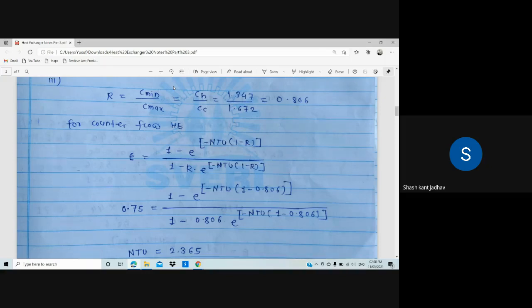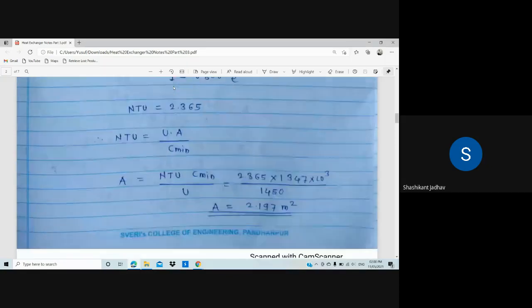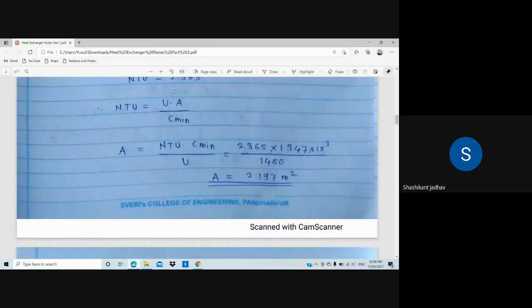That answer is in kilowatt, so we have to convert it into watt. So 1.347 into 10 raised to 3, divided by the overall heat transfer coefficient U, which is given as 1450. From that we get the surface area required to transfer that much heat.